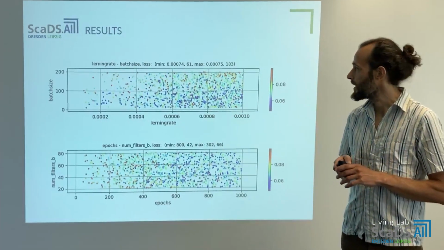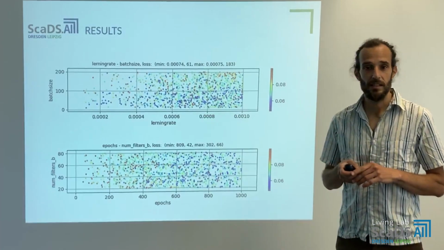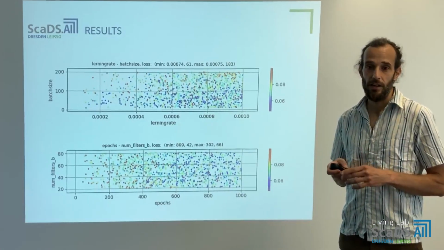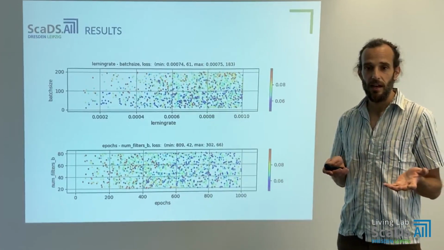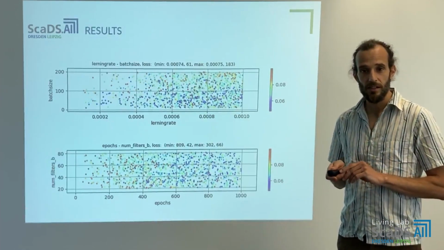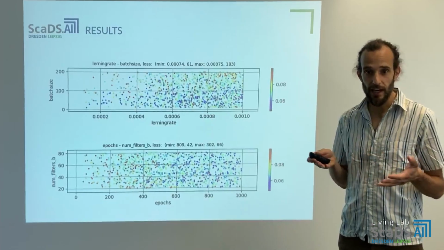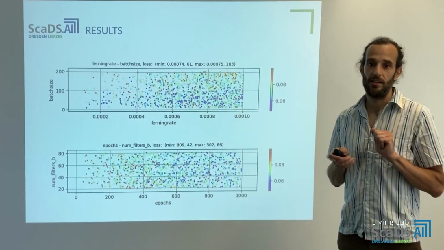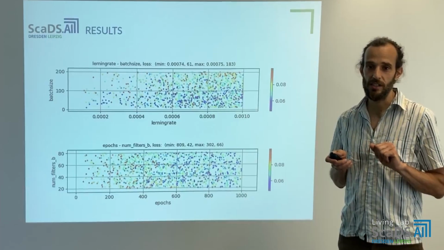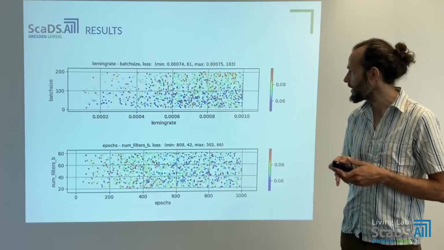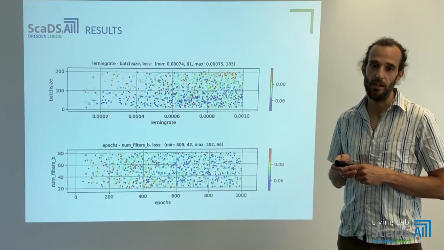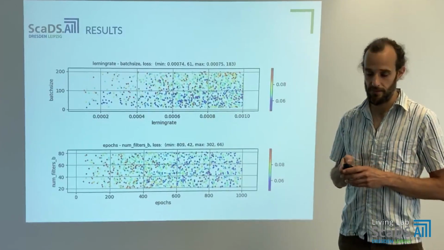So the places in the parameter space where there are bad values, they are almost empty. So the algorithm realizes don't look in these regions, and the regions where there are many blue dots, they are more dense.